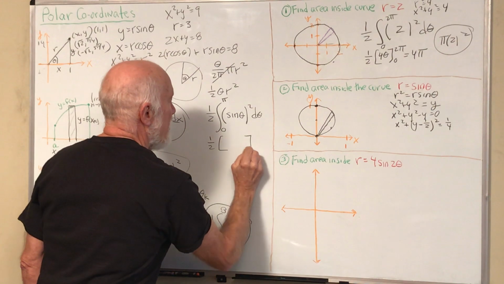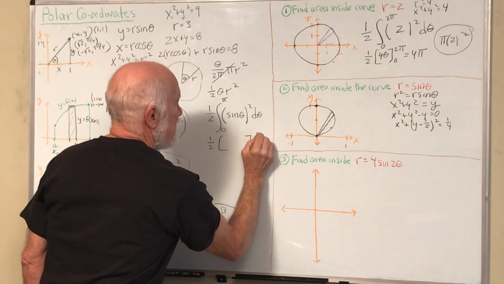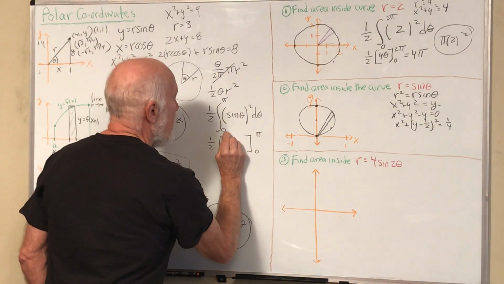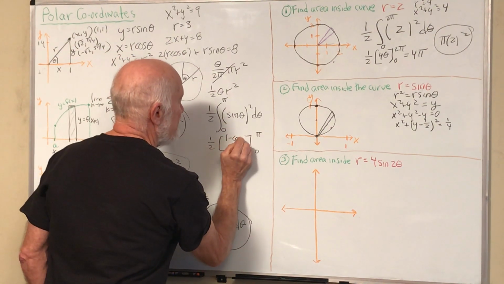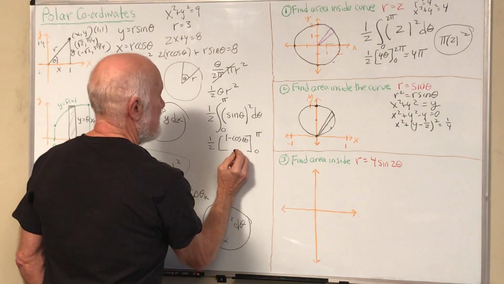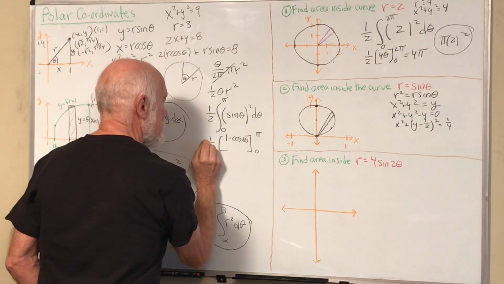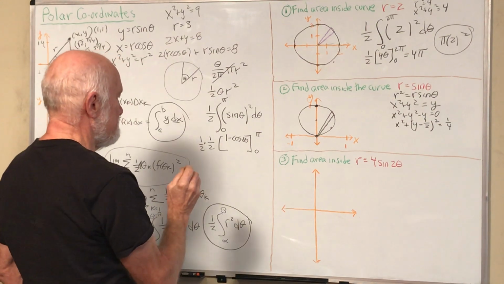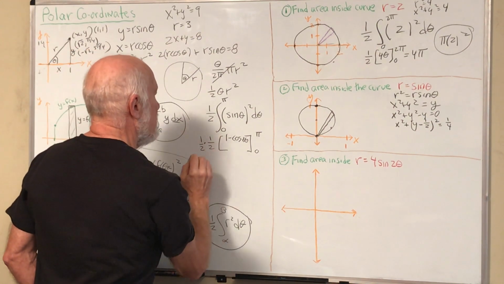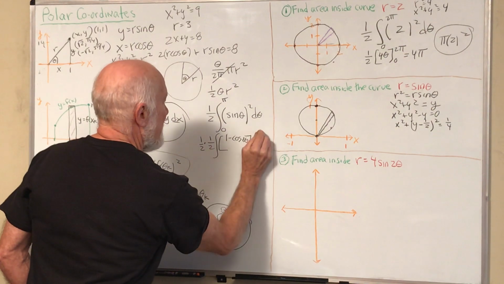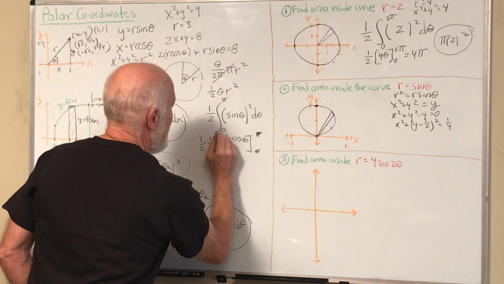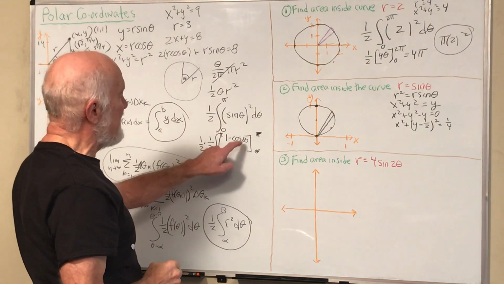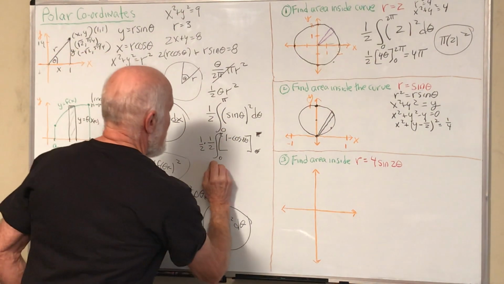Now, sine squared of theta. If you remember, for sine squared of theta, we have 1 minus the cosine of 2 theta divided by 2, which I could bring out front. Actually, I haven't taken the integral yet. I'm just using the trig identity to make sine squared of theta 1 minus the cosine of 2 theta over 2.